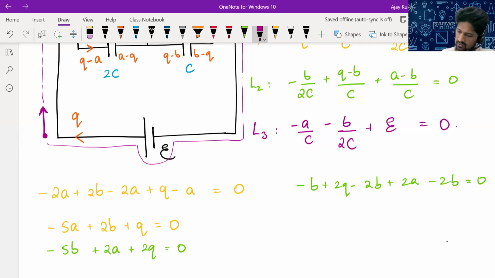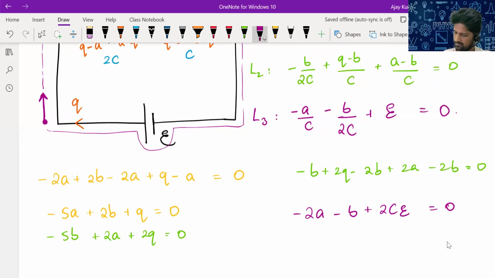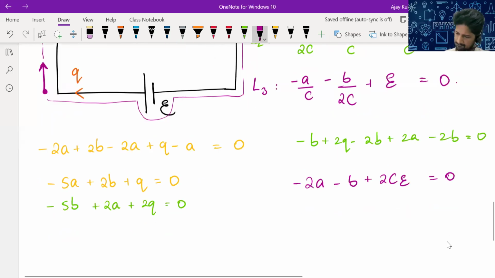Fine. And then the third loop, take LCM 2C, minus 2A minus B plus 2CE is equal to 0.